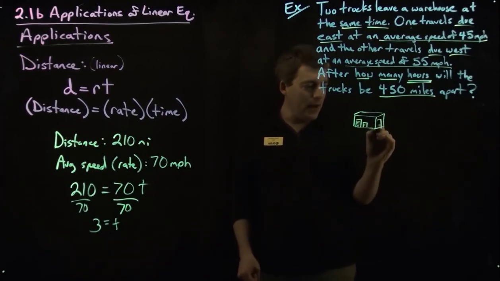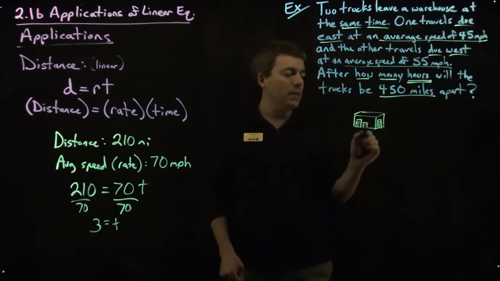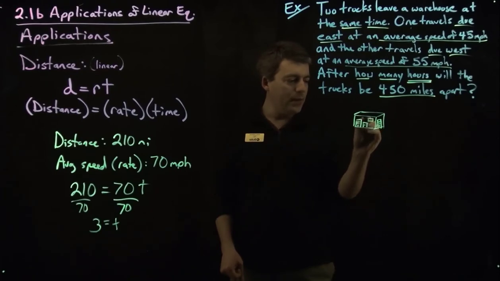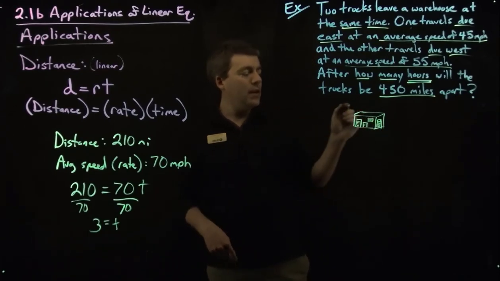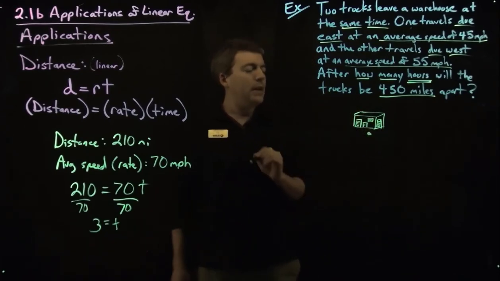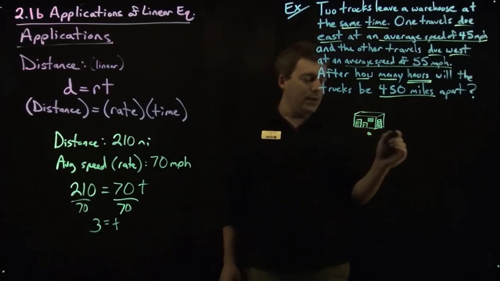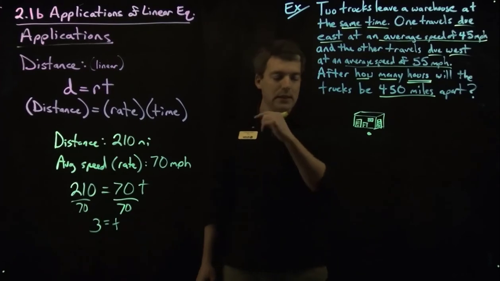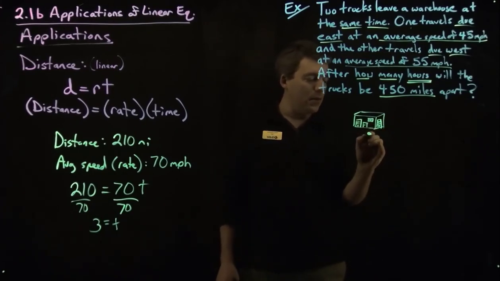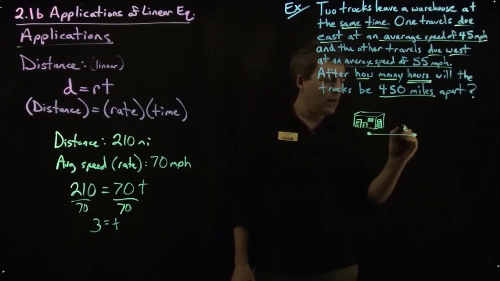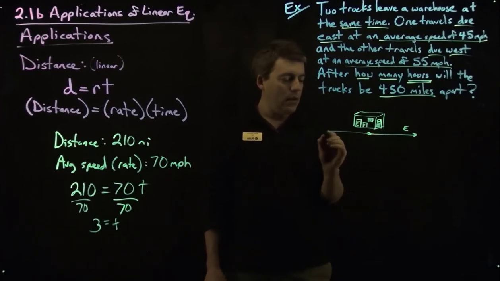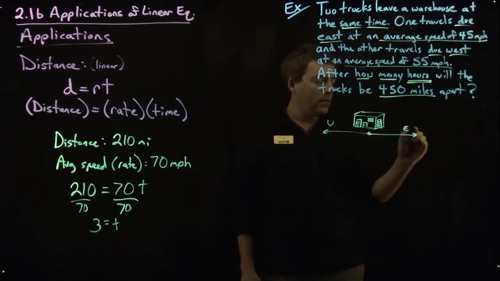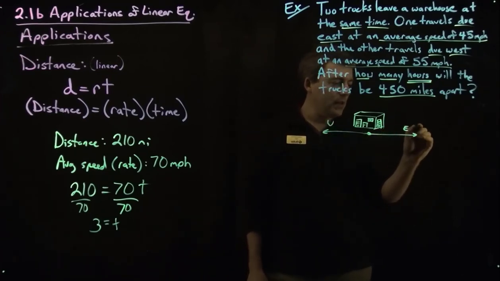Maybe they got one on the side here too. All right, maybe a window for the office. There we go. Okay, so there's the warehouse, and we've got east and west. So we've got east this way, west this way. And west. All right, so we've got a couple of trucks.